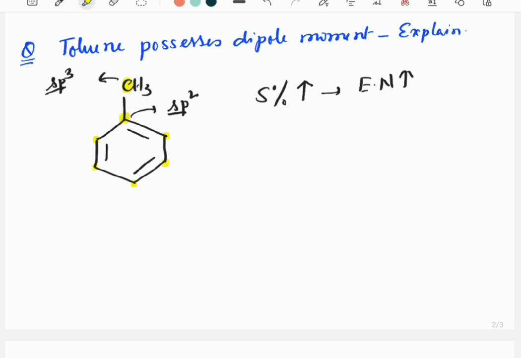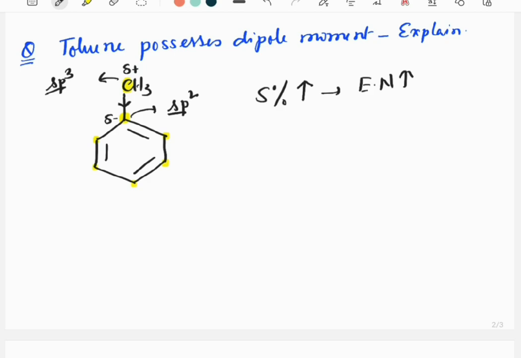So this carbon is more electronegative, and it will draw the bonded pair of electrons towards itself. So this carbon will acquire a delta minus charge and this carbon will acquire a delta plus charge. That means polarity will be developed in toluene.